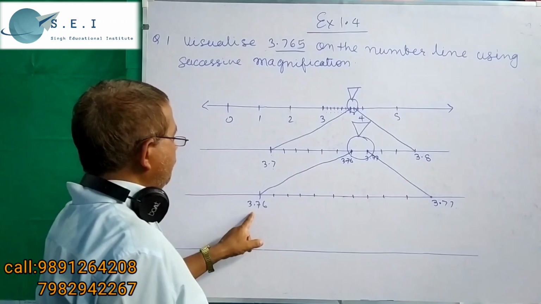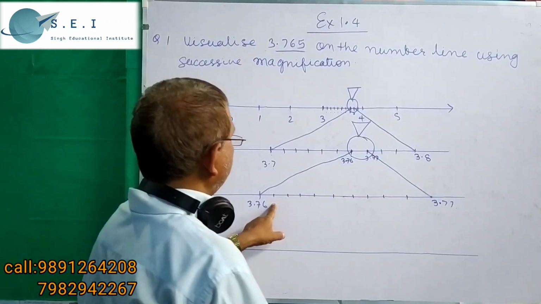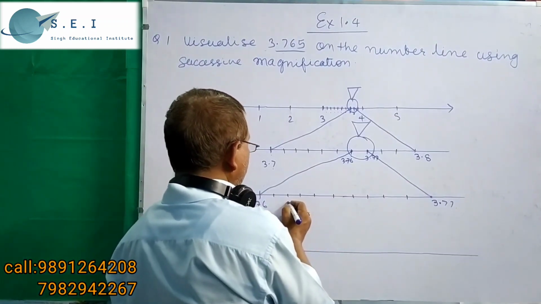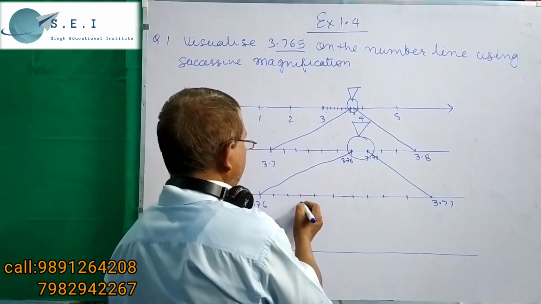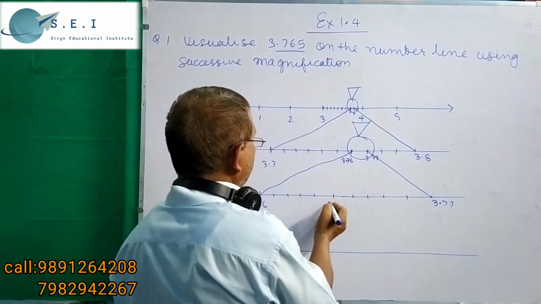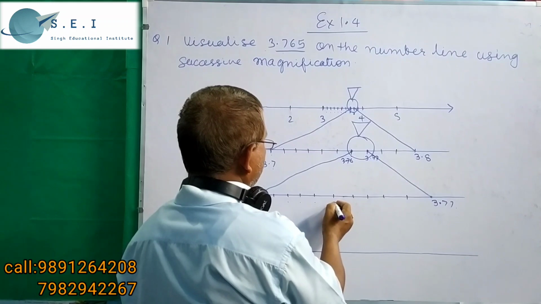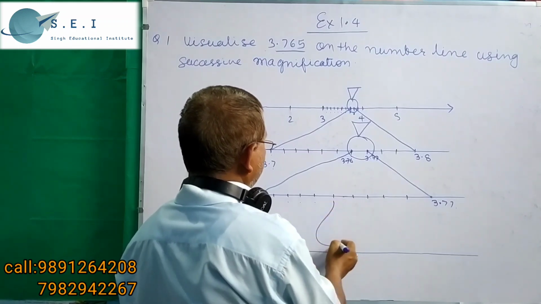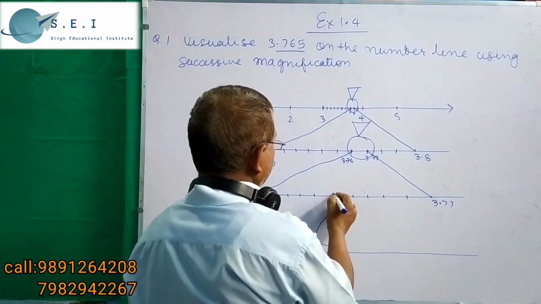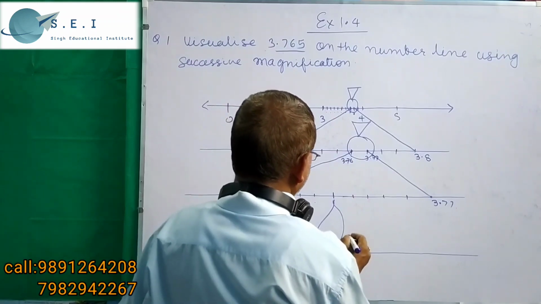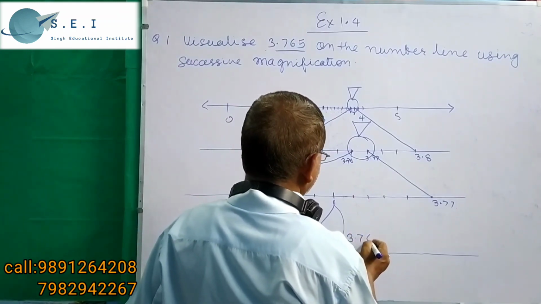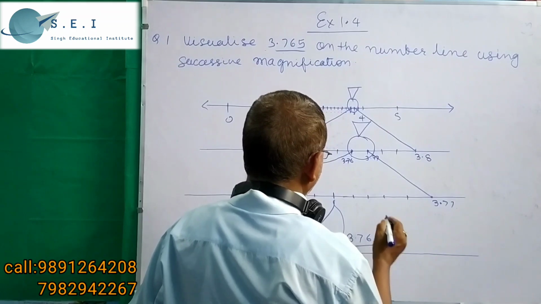This is 3.761. This is 3.762, 3.763, 3.764 and this is 3.765. This point is 3.765. This is your answer.